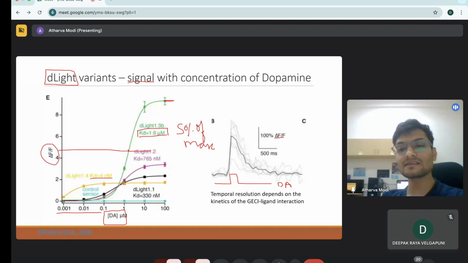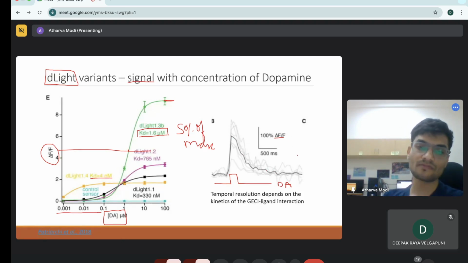What it indicates here is that DA binds to the indicator very fast, but it leaves the indicator slowly. That's what generates this kind of profile for this delta F by F. So this is something we need to consider while choosing the sensor.